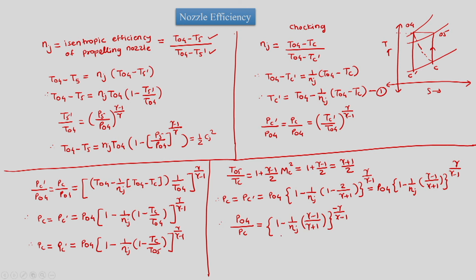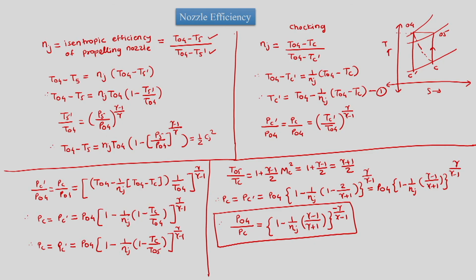So this formula should be used to find out the choking condition for given P naught 4 for a nozzle, and once we attain it, if we have pressure Pc which is lower than the exit pressure, then it is not choked. If Pc is higher than the exit pressure, then it is choked.